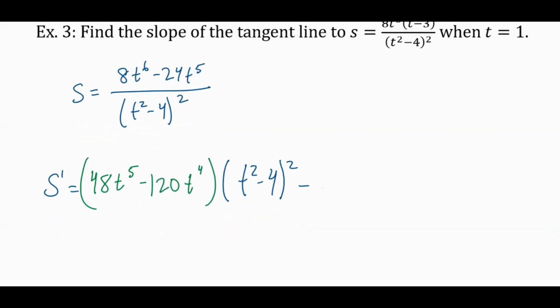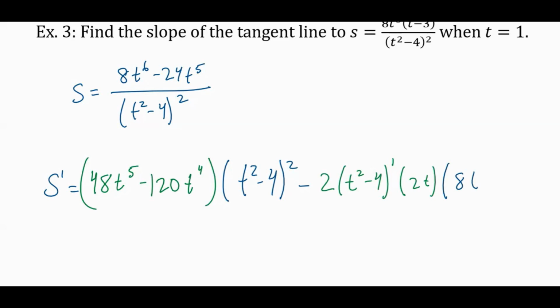This is where I'm using the power of a function rule. We multiply by the exponent, and then we have the function. Decrease the exponent by 1, so the 2 becomes a 1. And then multiply by the derivative of what's inside of the function that we had a power of. So then I also have times 2t.